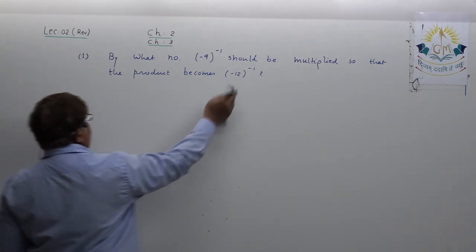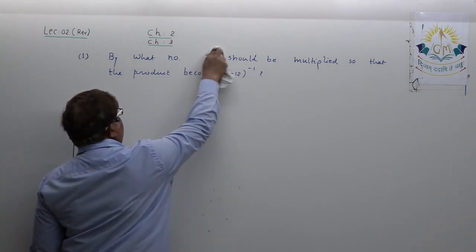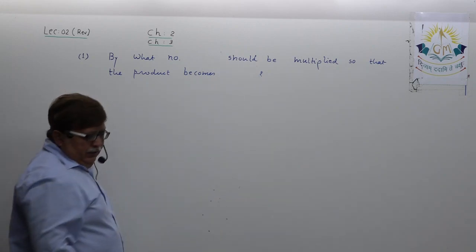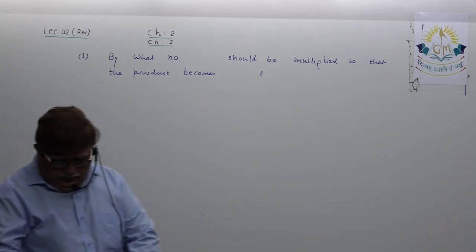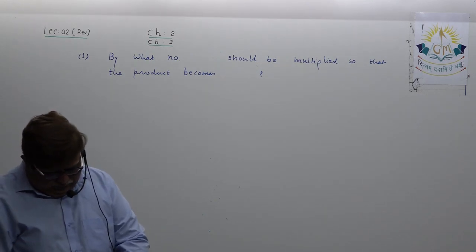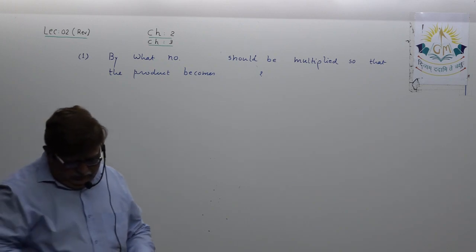Example number 2. Here I am just erasing this and this. With minor variation in the data, we are trying to solve one another example. See, what is the example?